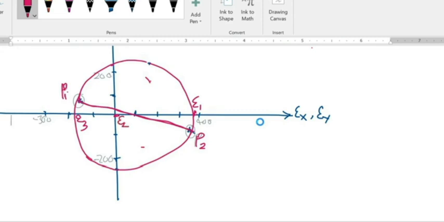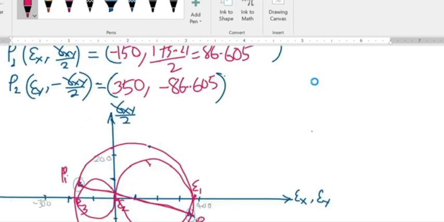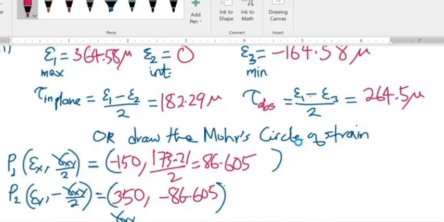And so we go ahead and draw the other circles, since we have 3 principal strains. So we draw a circle of E1 and E2. E2 is the intermediate. And also we draw a circle of E2 and E3. But then we know that the maximum in-plane is our maximum absolute, which is this one here, right?